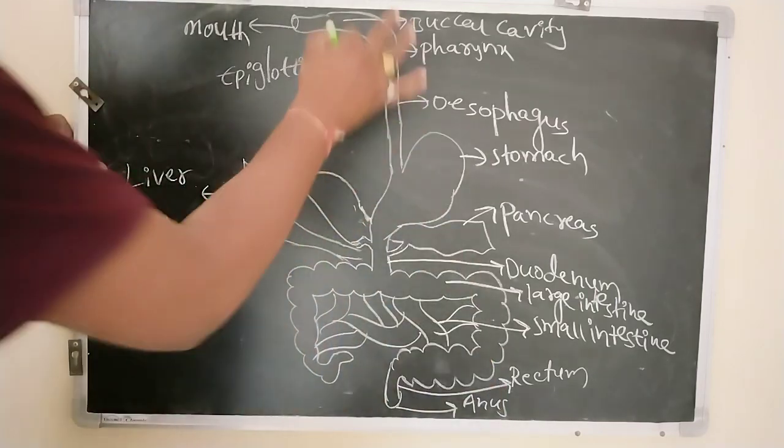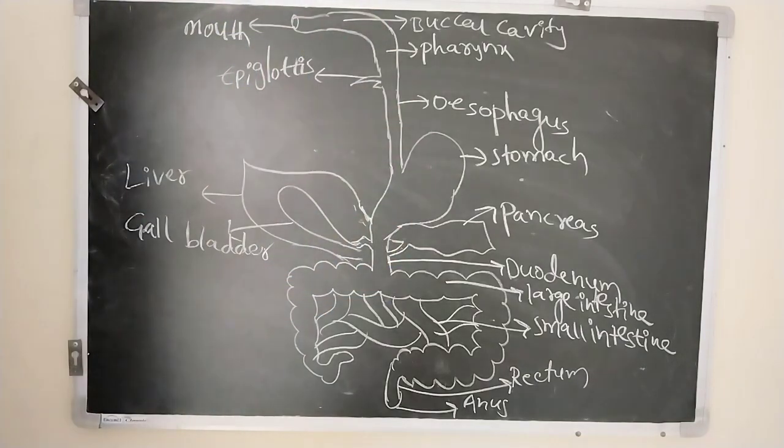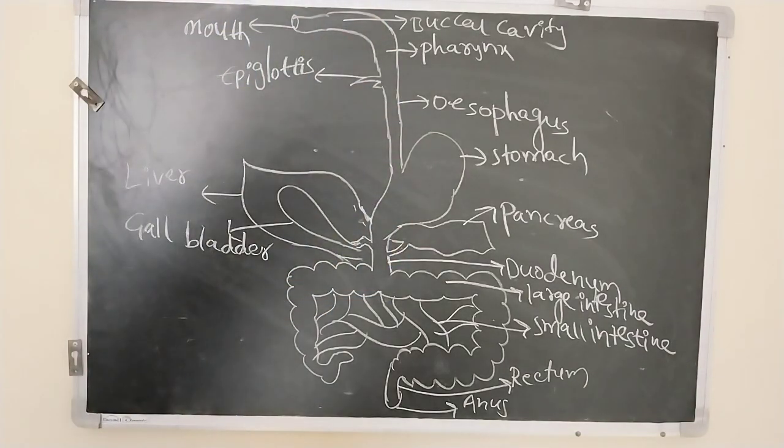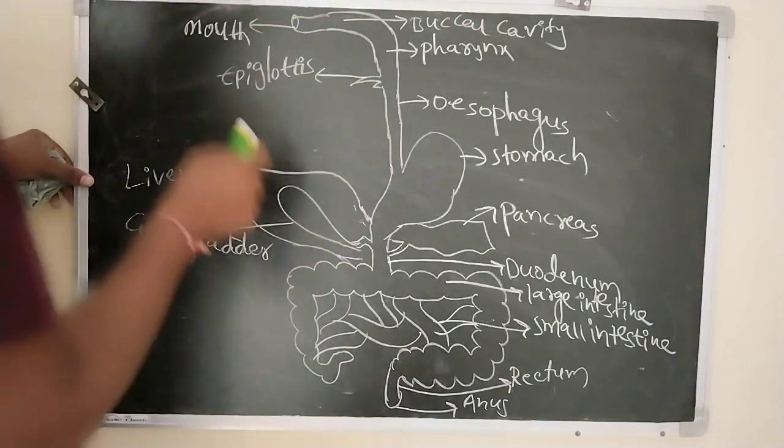Okay, so this is the alimentary canal. To this alimentary canal, all the digestive parts are attached, and we will discuss each and every part.